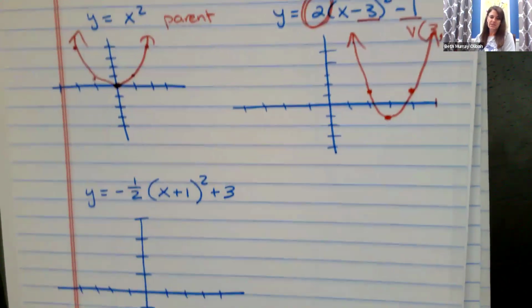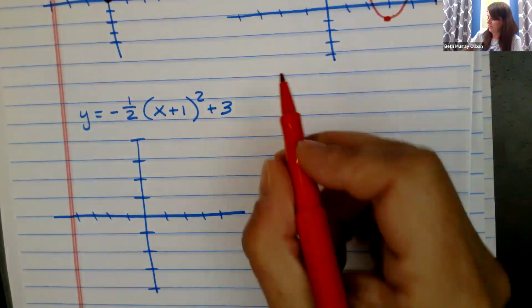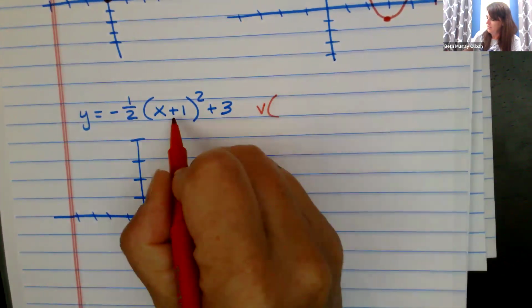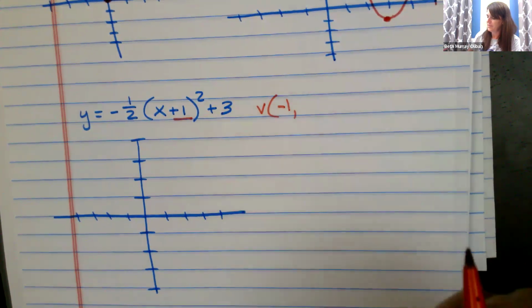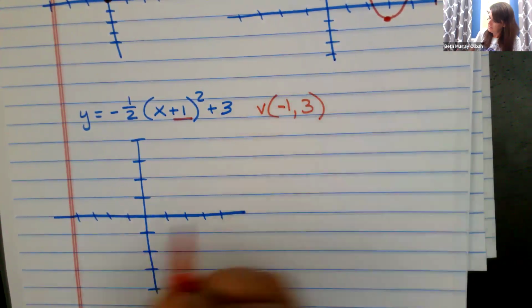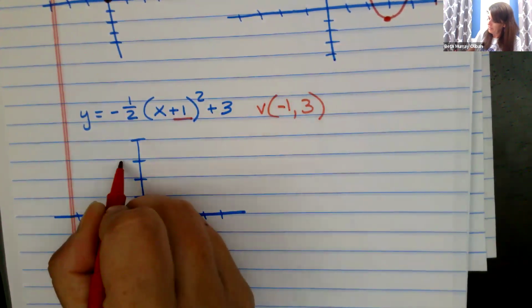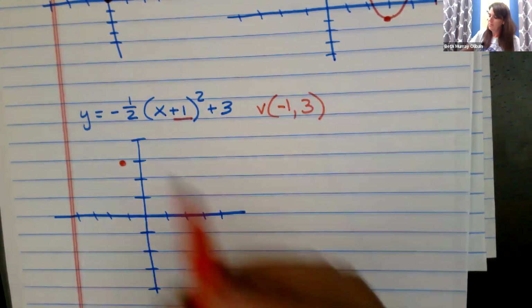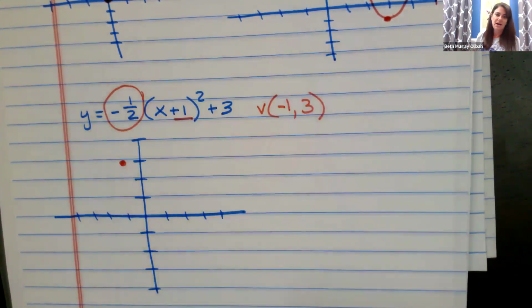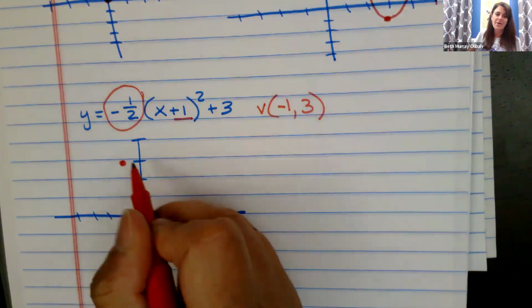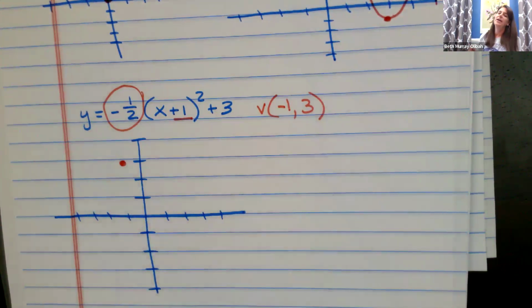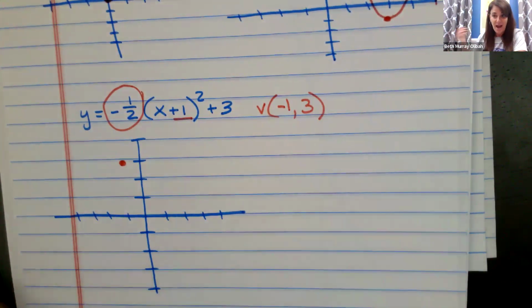Okay, so same idea for this one. The vertex is -1 because of the opposite, +3. So I'm going to start there. And then because of this, I know this parabola is going to go down because of the negative, and it's going to go down half as fast as it normally does. So whatever I normally do, I'm going to do half that much. And that's just with the up and down.